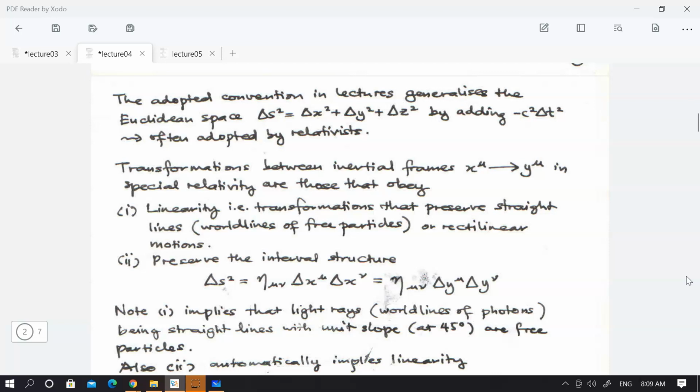So it will continue at rest or in constant uniform motion, constant velocity motion. It will stay that way as long as no force is acting on it. That also applies in the case of special relativity. So one of the things that we would like to do is to preserve this idea of a free particle tracing out a straight line. So this will be adopted.